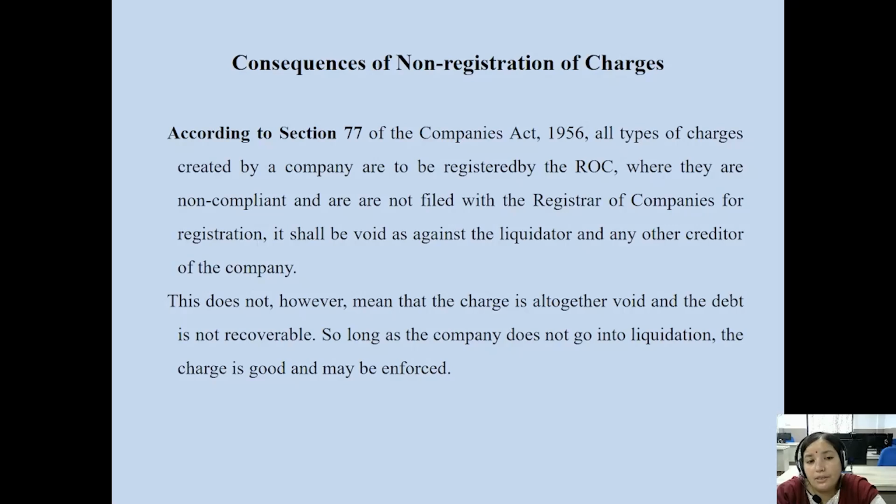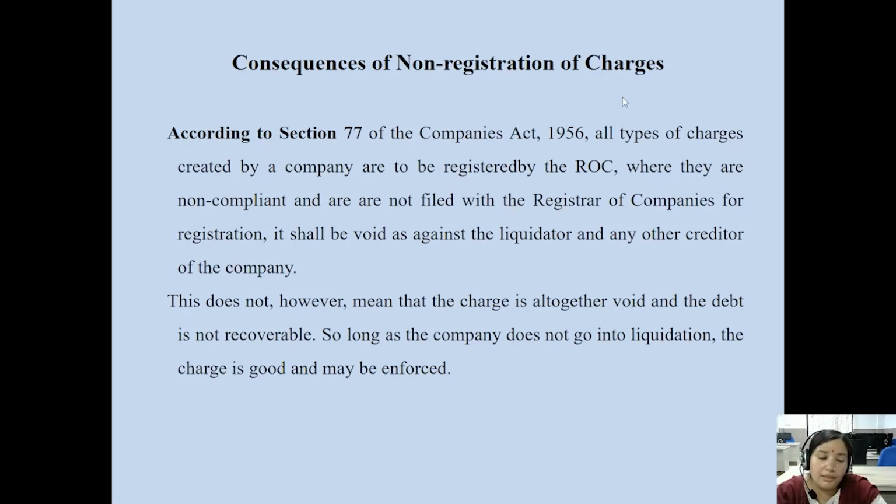All types of charges created by a company are to be registered by the ROC. Where they are non-compliant and not filed with the Registrar of Companies for the purposes of registration, it shall be void as against the liquidator and any other creditors of the company. This is section 77 of the Companies Act 1956.